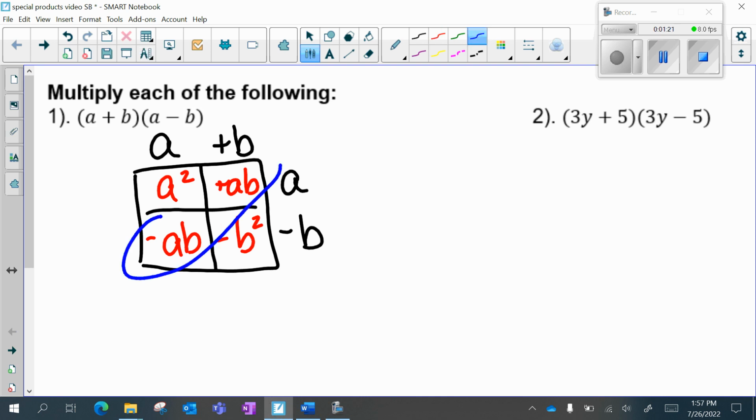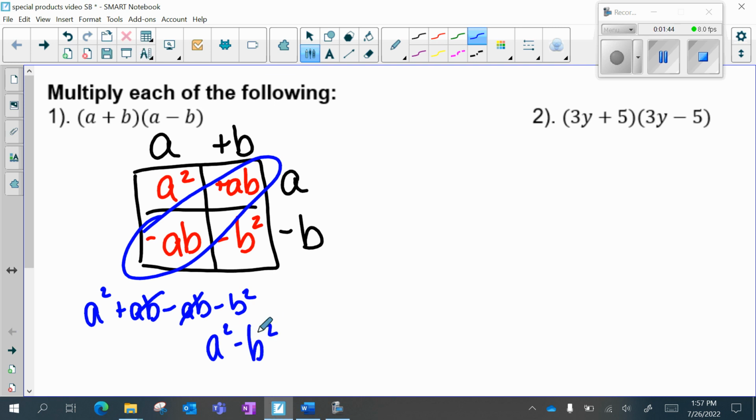So on your diagonal is typically where you have your like terms. And you'll see here that they cancel each other out. If you want to write it out first, you can, but you don't have to. And we end up, when these cancel each other out, with a final product of a squared minus b squared.